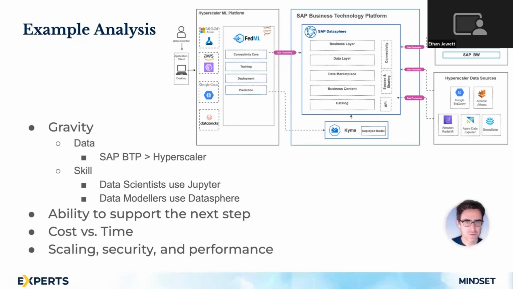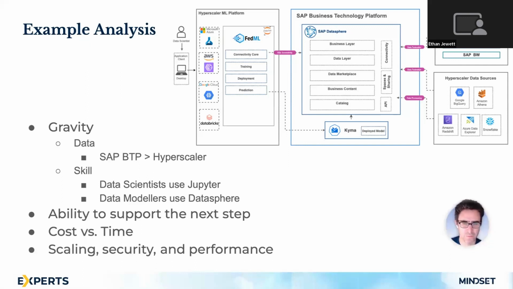Gravity. So if we look at this architecture, where is the data gravity for this architecture? And there's a little bit of a hint in what I said before: this architecture comes from SAP. But it's clear to me that in this architecture, the data gravity is on the SAP Business Technology Platform in SAP DataSphere.